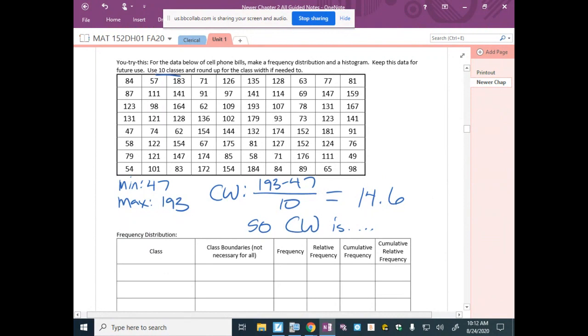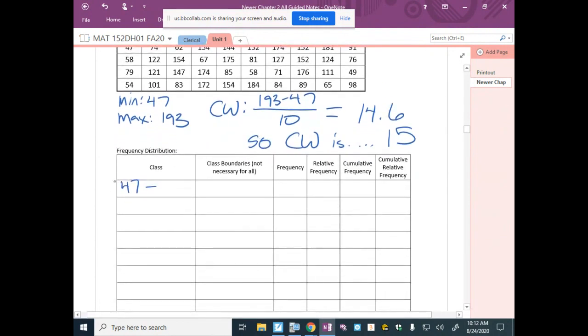What's it going to be? 15 is right. So, we start with $47 and we keep adding increments of 15. So 62.